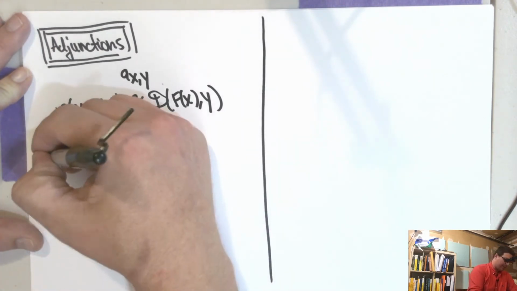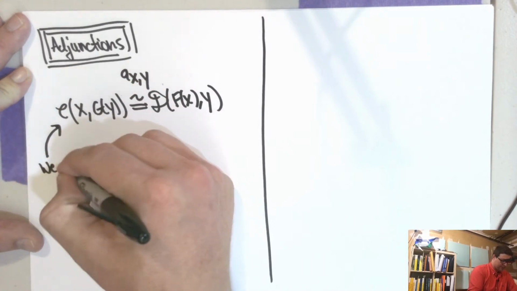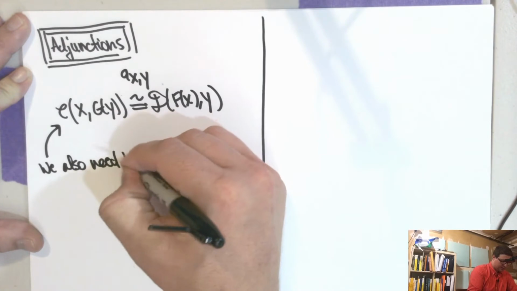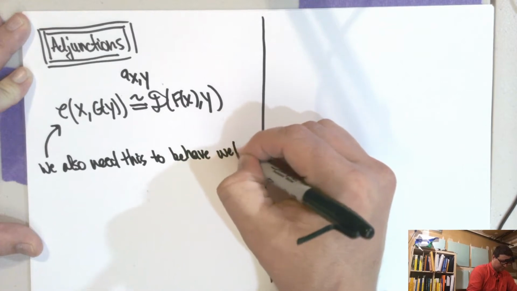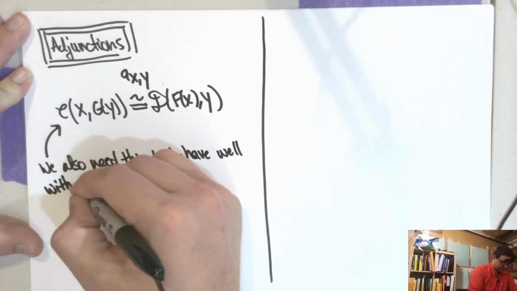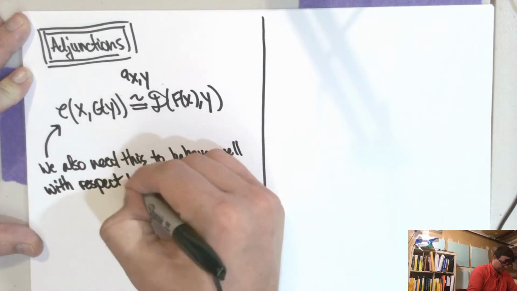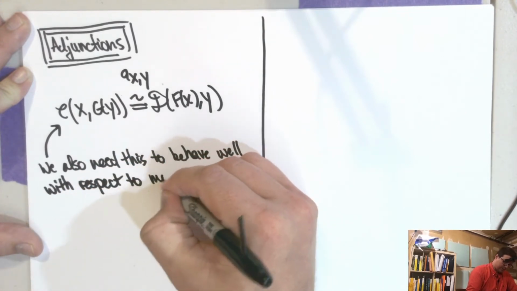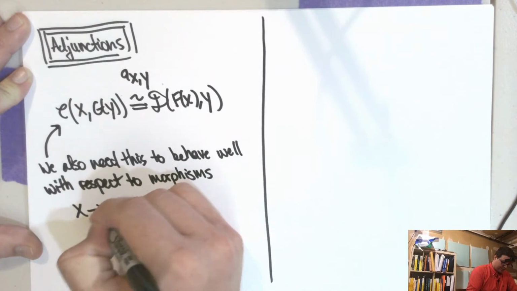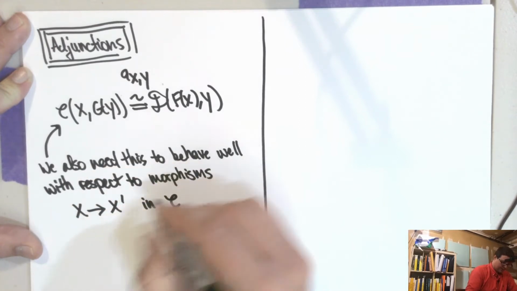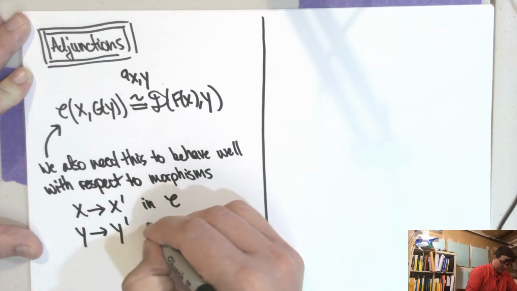We also need this to behave well with respect to maps, morphisms. So we have x to x prime in C and y to y prime in D. It's not only the compatibility condition; there's a really long diagram that you can do.